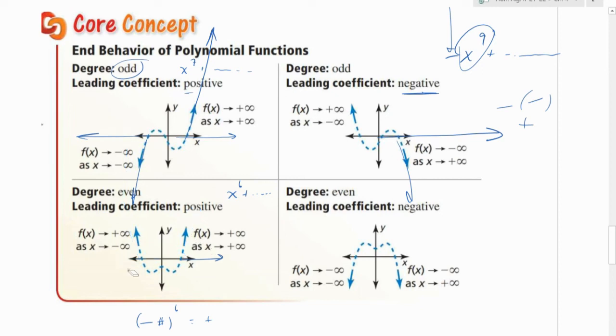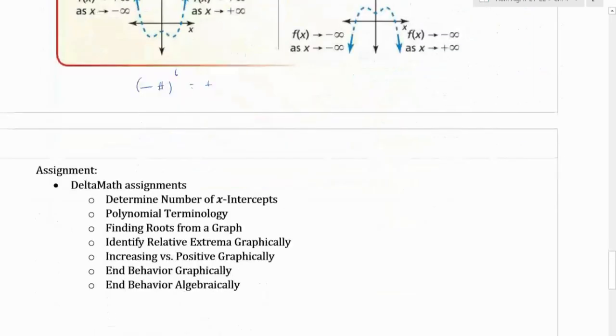Okay, so if you see on a graph, the same thing goes if you have the even, say the opposite of x to the 8th, blah, blah, because that's your dominant term. Same exact stuff goes there. So if the two ends do the same thing, it's got to be an even-powered polynomial. If they do opposite things, it's got to be an odd-powered polynomial.